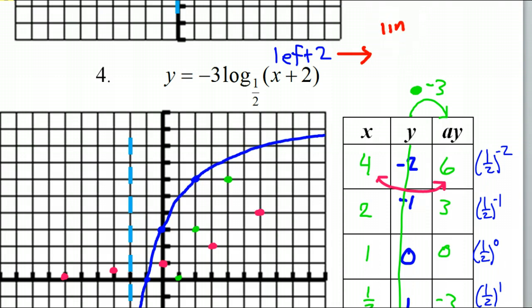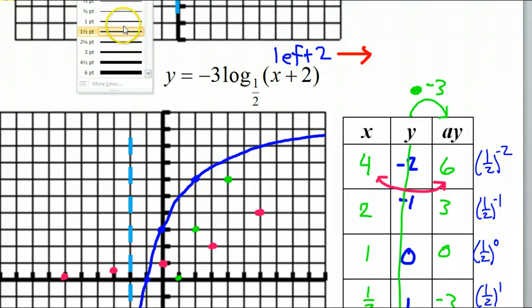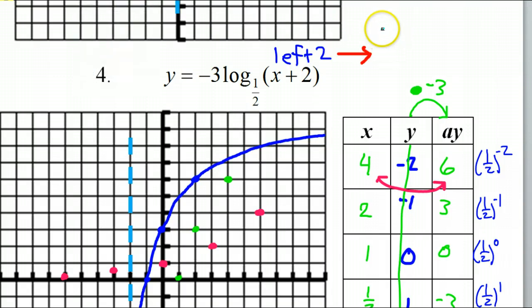Let me try that again. Okay, let me go normal. So the inverse. I'll give you a hint. The number part stays the same. All right, it's still going to be something 2, but left, what's that going to become?